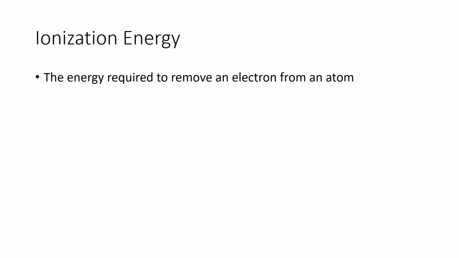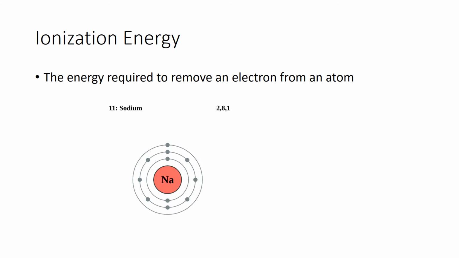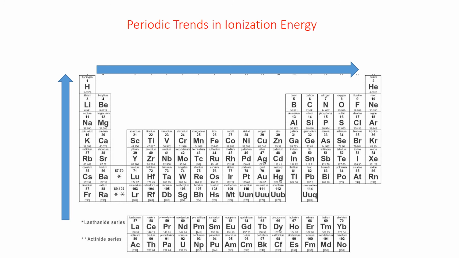The second trend that we want to look at is ionization energy. And this is just the energy that's required to remove an electron from an atom. So the general trends for ionization energy are the exact opposite of what we see for covalent radius. So ionization energy tends to decrease as you go down a column.